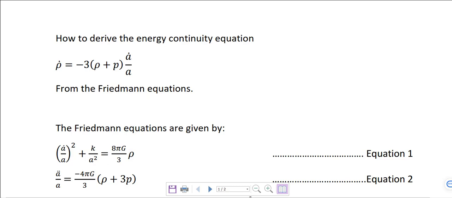Now our next move is to take this second Friedmann equation and make the parameter a double dot the subject. The reason we are making that parameter the subject is because we want to put the equation in such a form that we'll be able to substitute it back in the equation 3 we just had. So to do that, it is clear we need to multiply both sides of the equation by a.